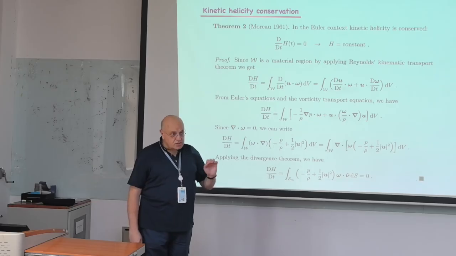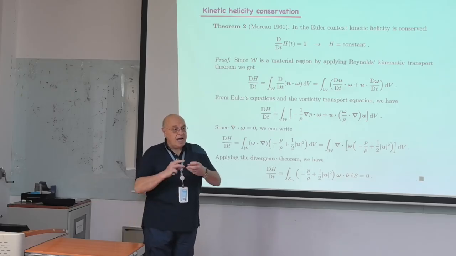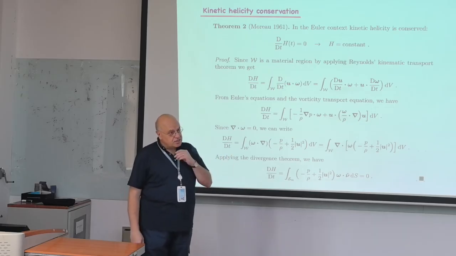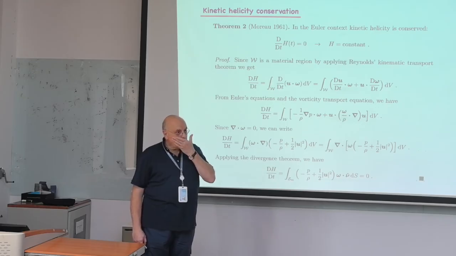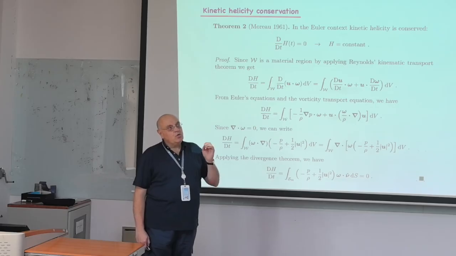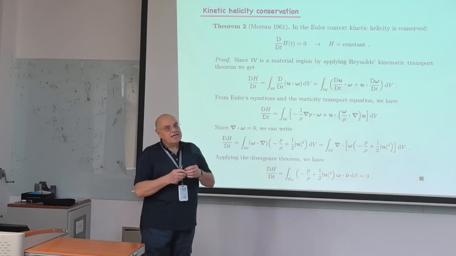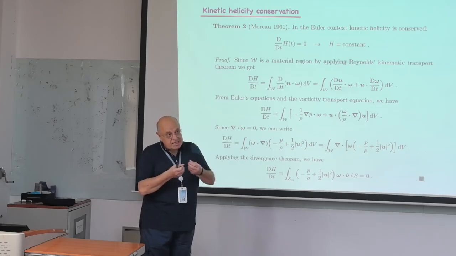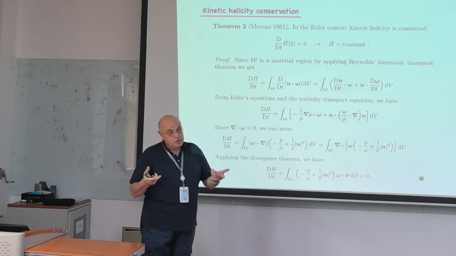So helicity is not conserved, and it will be eroded or dissipated by the amount of viscosity you have. Yeah. To where? To the outside of the box? No. The helicity will dissipate because the dissipation will affect the definition of the fields, the vorticity. Vorticity dissipates.